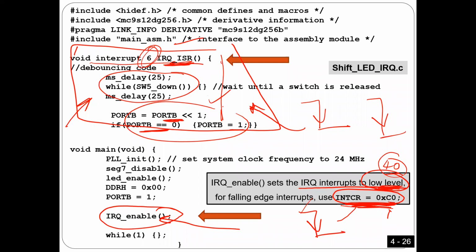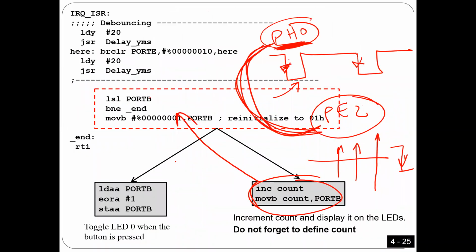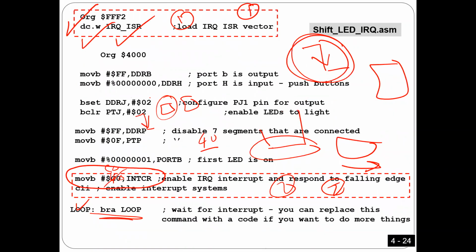All I'm going to change is what I write inside the subroutine. For example, if you want to shift LED, you write the instruction for shifting LED. If you want to count events, you write the code here. That means for all programs we're going to use the same configuration, unless you want to make some change here.